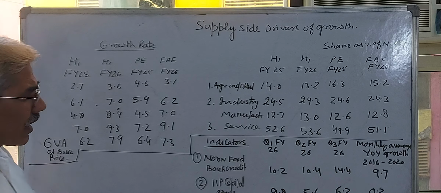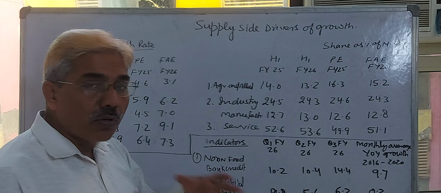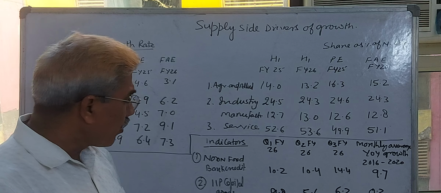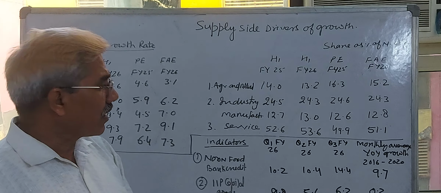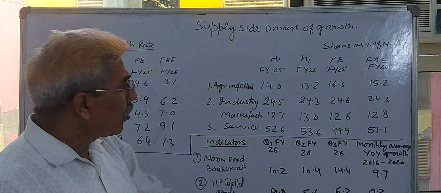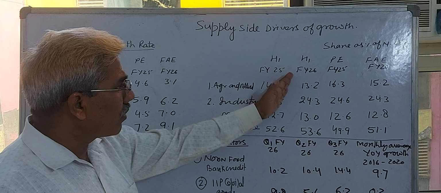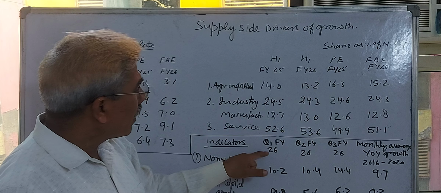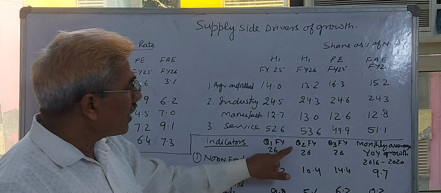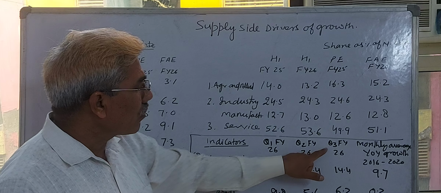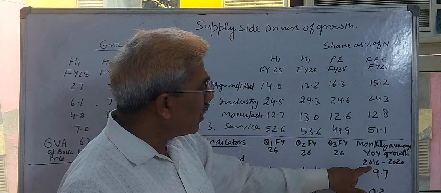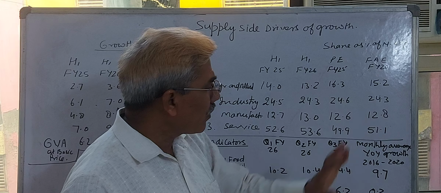The industrial sector growth rate is higher because of more growth in capital goods industry, and capital goods imports are also increasing during the same period. As you can see, I plotted the data for H1 2025, H1 2026, and here quarter 1, quarter 2, quarter 3 of 2026, year-on-year growth rate, compared with 2016 to 2020.